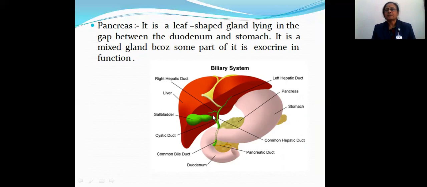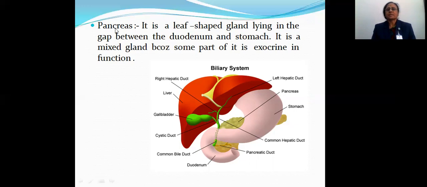Then from this gallbladder, through the duct, this secretion is poured into the digestive system. The liver also secretes different proteins. It also secretes B12. The liver performs a number of functions in this way.